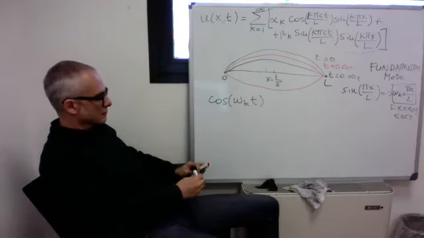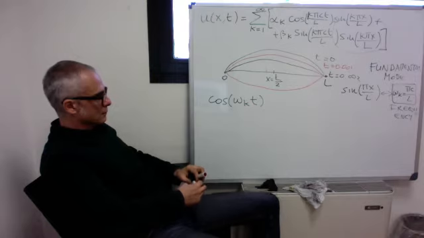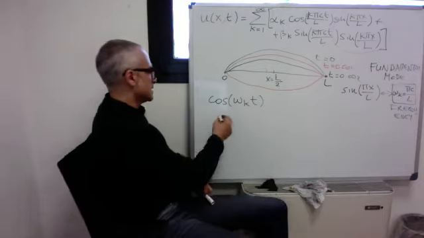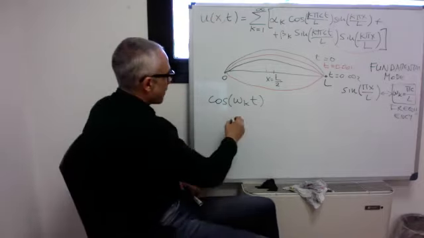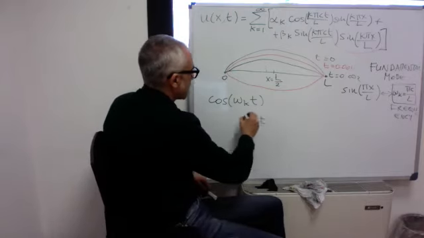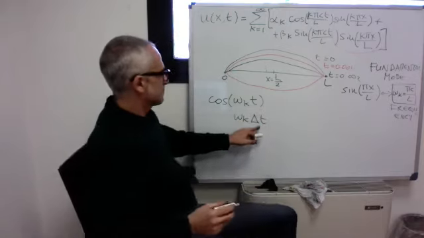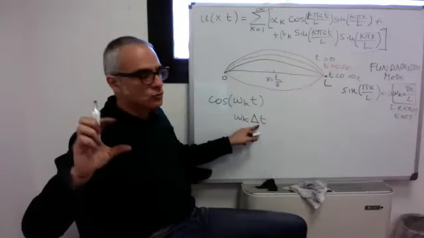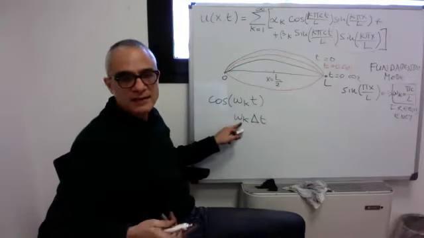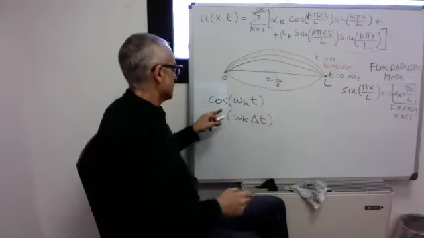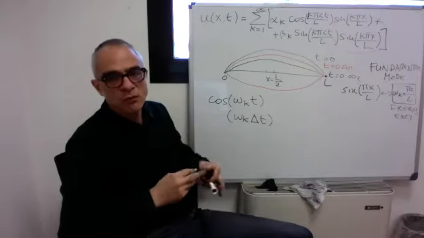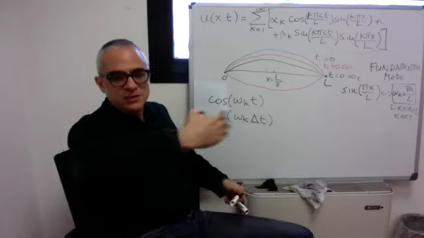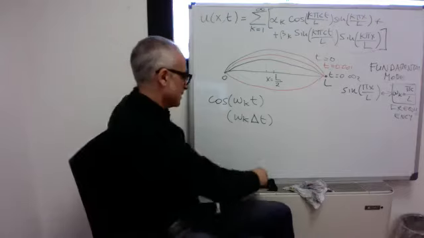So if I decide how much time I'm going to wait, if omega is large, the argument changes more, and so the string is moving faster in time.